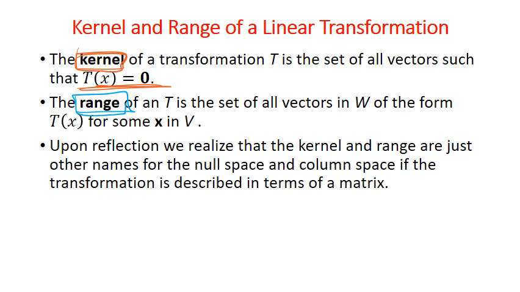Basically, you will find that kernel is just another name for null space, and range is another name for column space. It's just new terminology. And that wraps up this lesson.